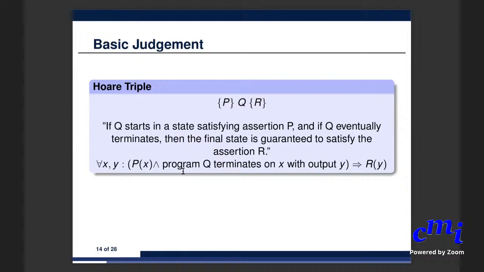So if it terminates with an error, I consider it as having terminated. Then your predicates will have to deal with those special error objects as well, if you care to do it. So your predicates can distinguish between error and non-error values. So if you want to say that whenever it terminates, it does not give an error, then your postcondition will have to take care of that.